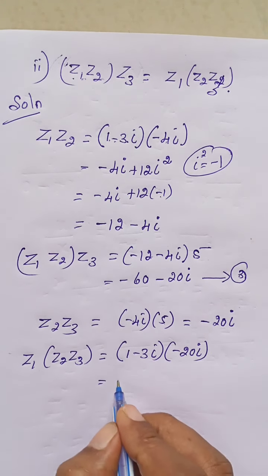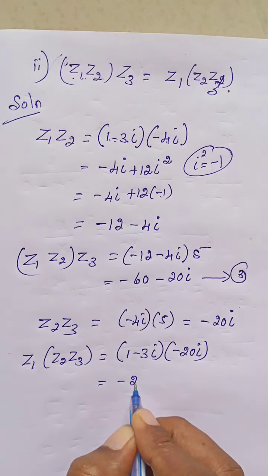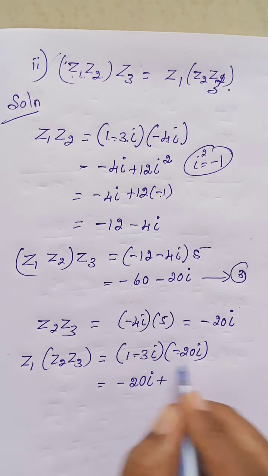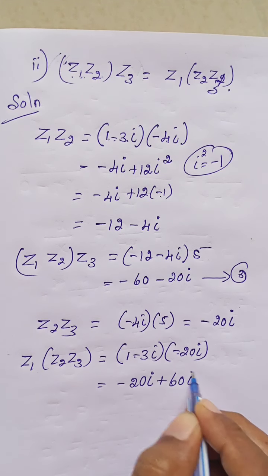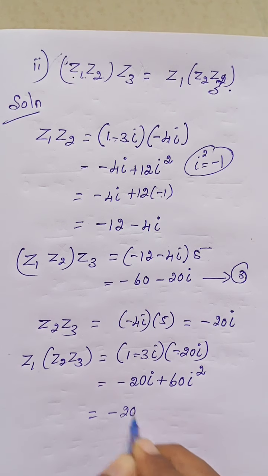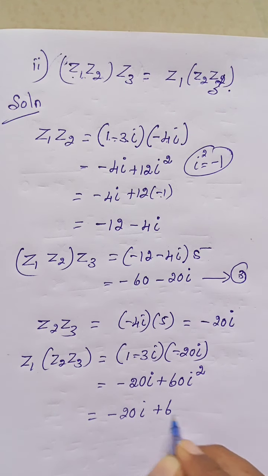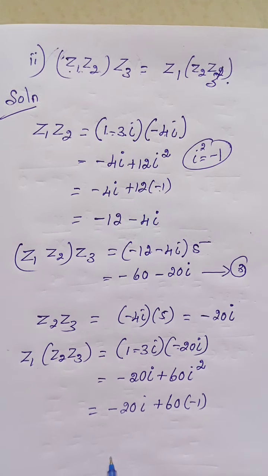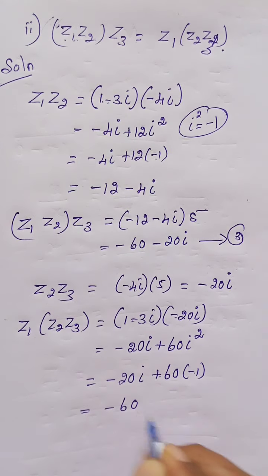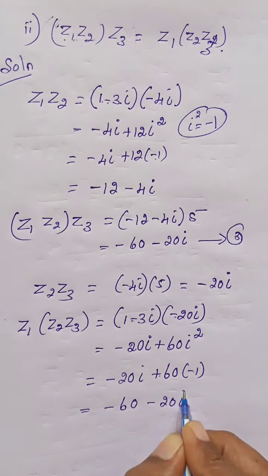So 1 into minus 20i is minus 20i. Minus into minus is plus, 3 into 20 is 60, and i into i is i square. We know the value of i square is minus 1. So 60 into minus 1, together minus 60 minus 20i.